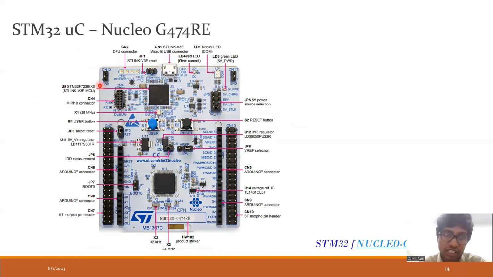This is the STM32 microcontroller Nucleo G474RE board. And these are the headers. We saw headers in the Spartan 6 FPGA kit also, and these headers are over here. As over here, these pins are connected as per our requirement to these headers. These are known as the female headers, or the Arduino connectors.